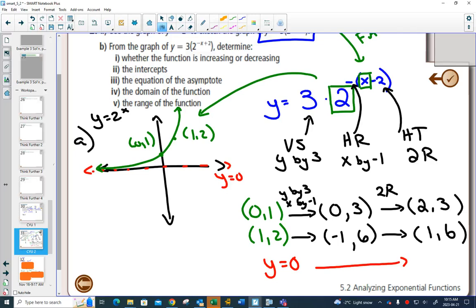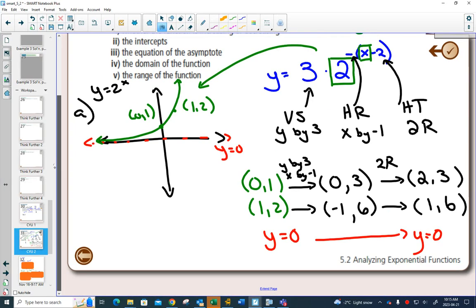So even though we're multiplying y by 3, it's still going to be 0. So I made my arrow a little bit longer, because the only thing that's going to affect a horizontal asymptote is if it gets moved up or down. Something that's horizontal, if you move it left and right, it will still stay exactly where it is. So we do not move anything up or down. Our asymptote is going to stay at y equals 0.